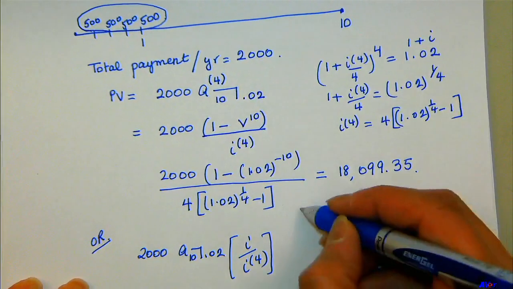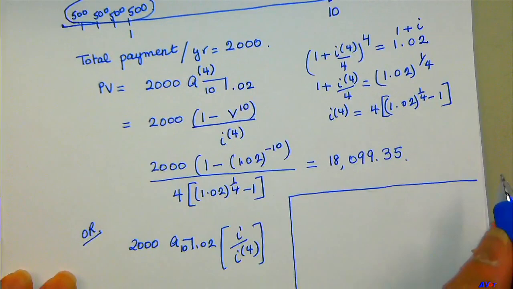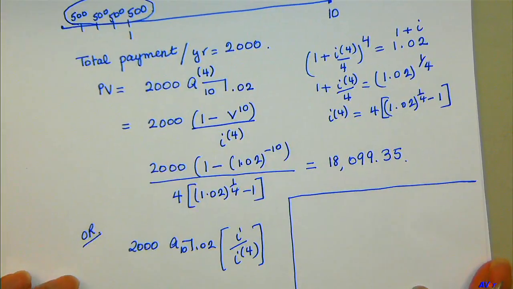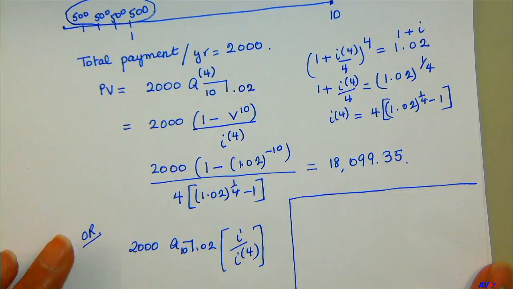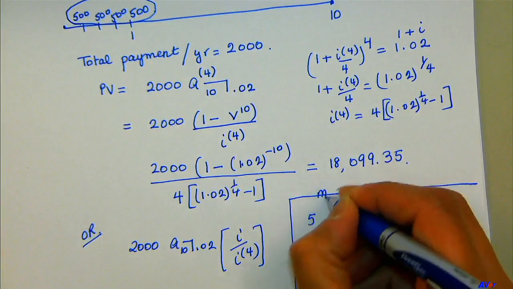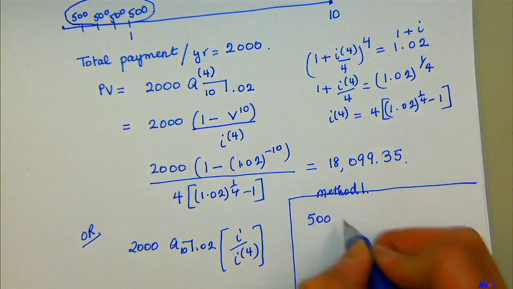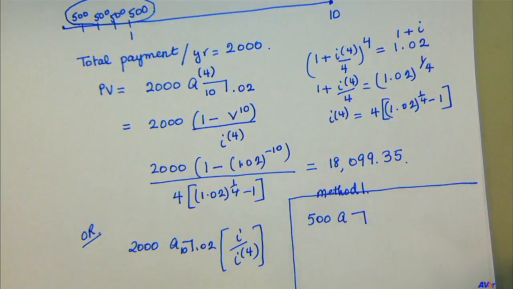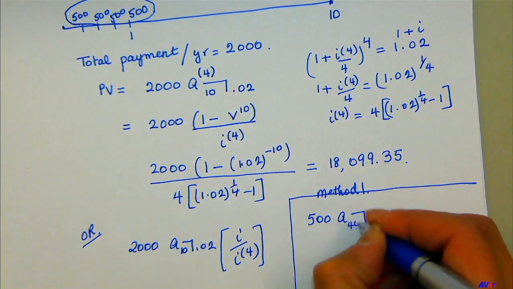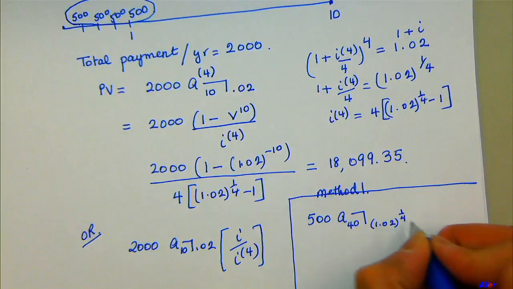Okay, what about method 1? You remember your chapter 3 method for this? How would I do method 1? This obviously is method 2, right? What's my original method? Payments are quarterly, so find the quarterly rate. Method 1: 500 a angle, how many payments if the payments are happening quarterly? 40 payments at the quarterly rate, which is 1.02 to the 1/4 minus 1.